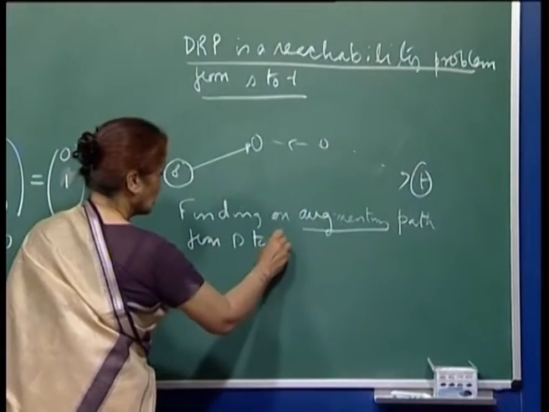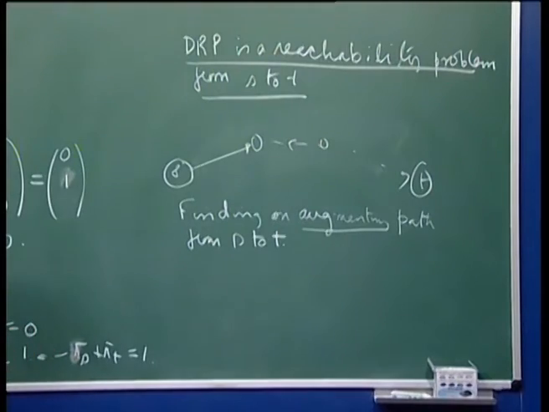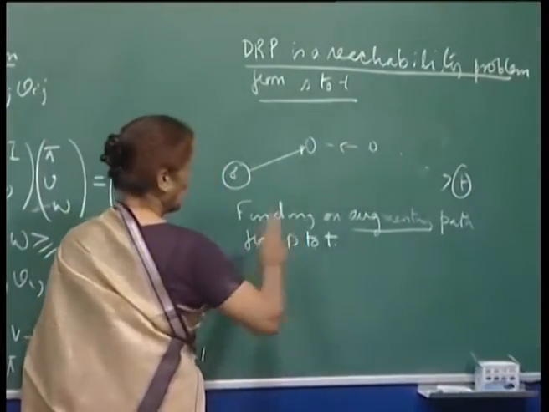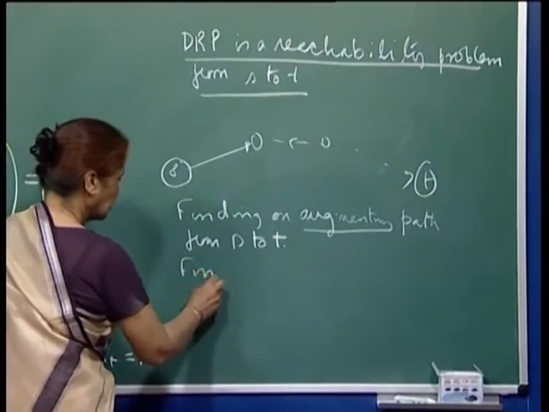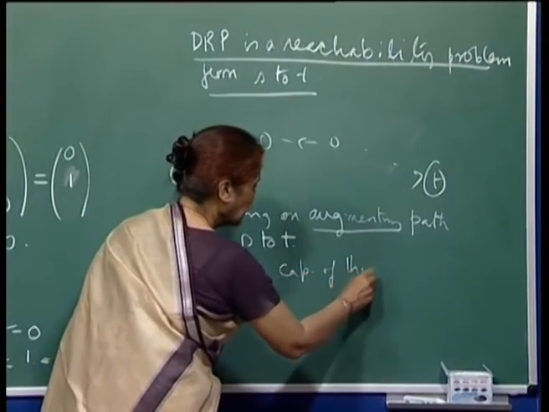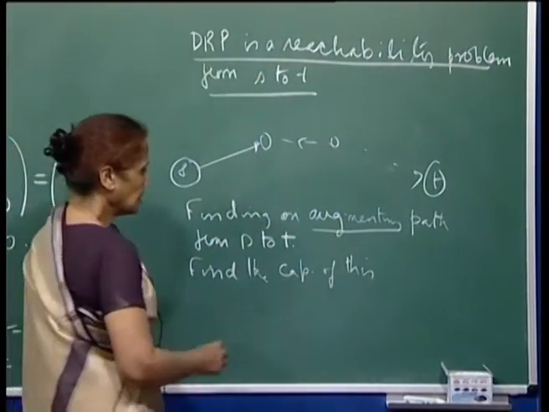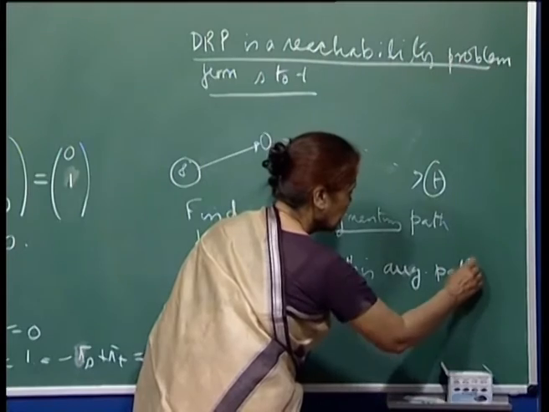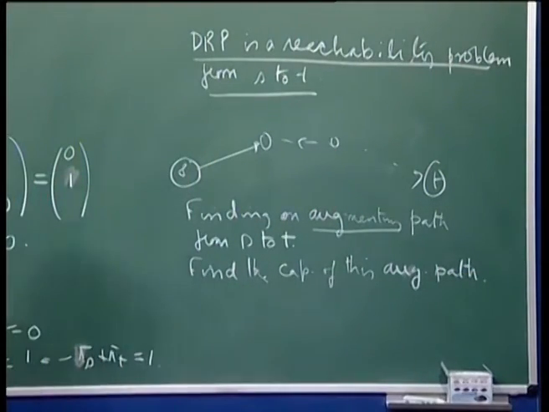So, augmenting path, that means you are augmenting a path from S to T. Once I find an augmenting path from S to T, then I now know that I can increase the flow on the arcs on this augmenting path. So, find the capacity of this augmenting path. I had explained to you earlier, we discussed this while looking at the changes in BIs, and I told you that the capacity of a path is the minimum of the capacities of the arcs that make up the path.